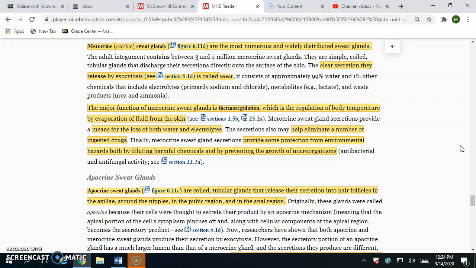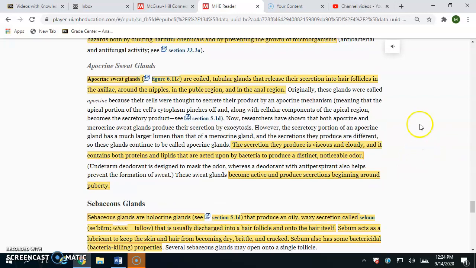All right, so those are the merocrine ones. So those are probably the ones that we mostly think of when we think of sweat glands. All right, the apocrine sweat glands, these are the ones that aren't located everywhere. These are only in certain areas of the skin.